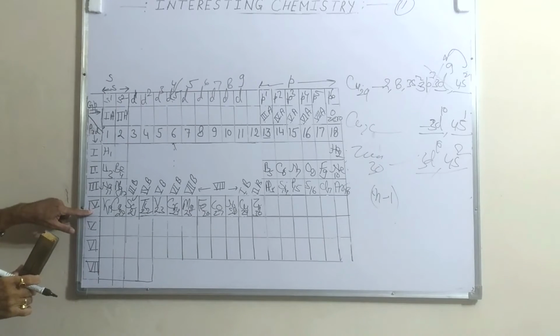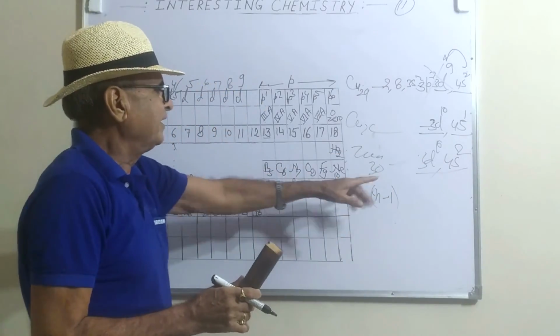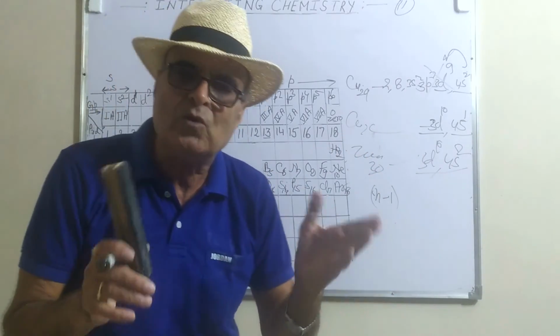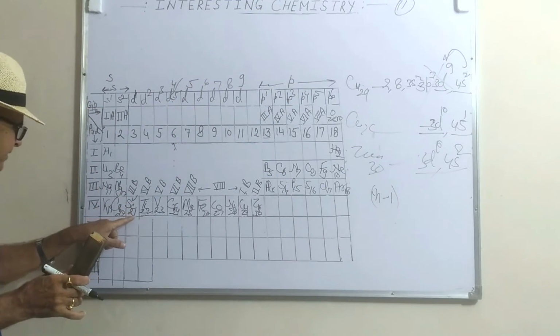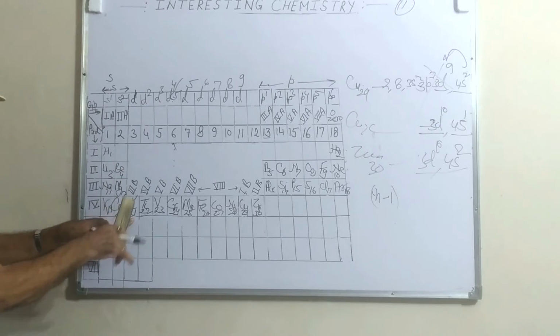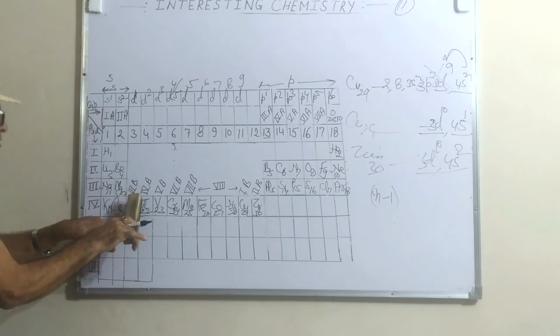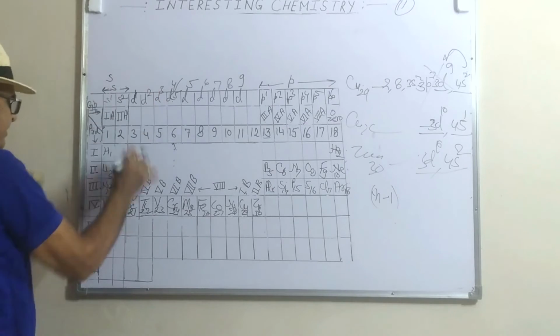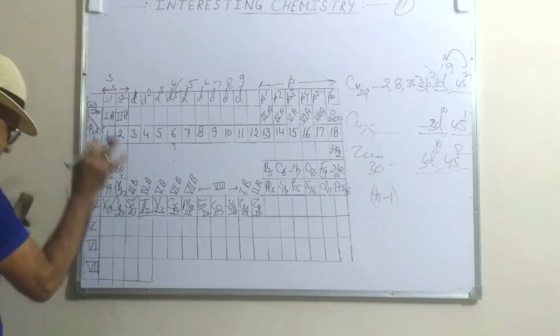D will be 4 minus 1, 3d. This d is for n minus 1. Please note that you won't multiply with four for the d, because it is d with n minus 1, 4 minus 1, and this is 3d. This is 4d, this will be 5d, this will be 6d.